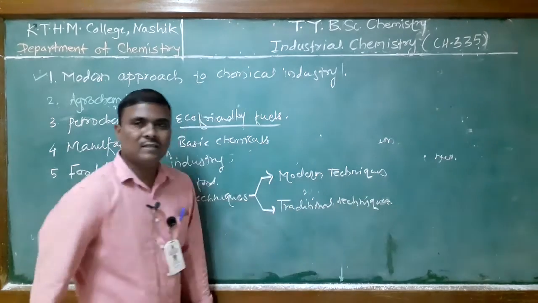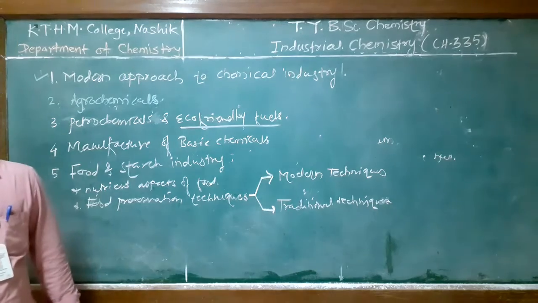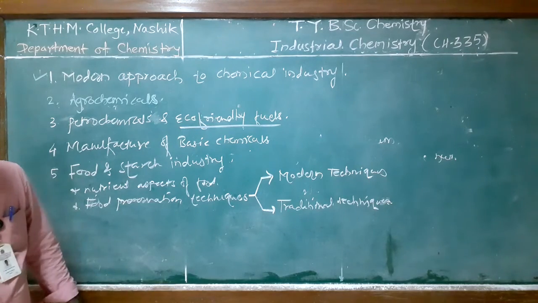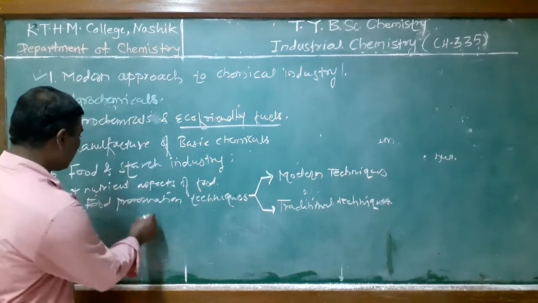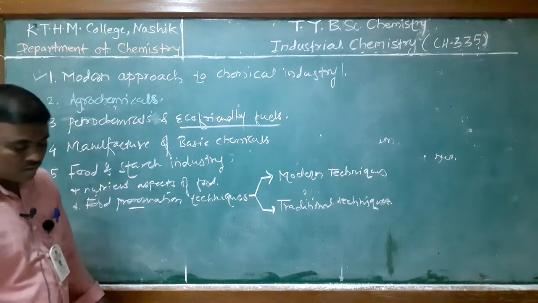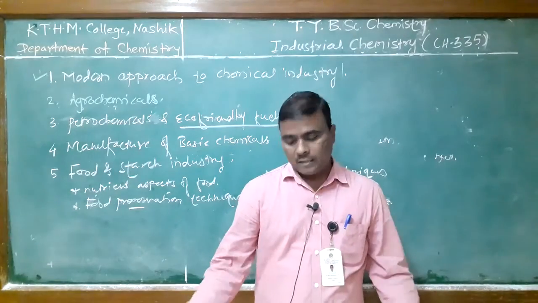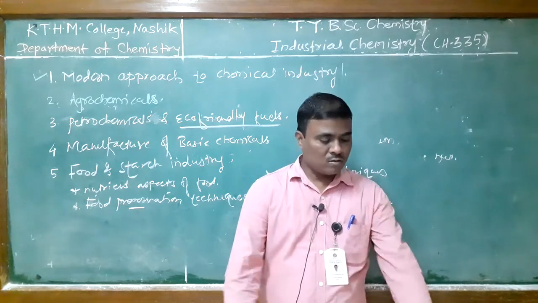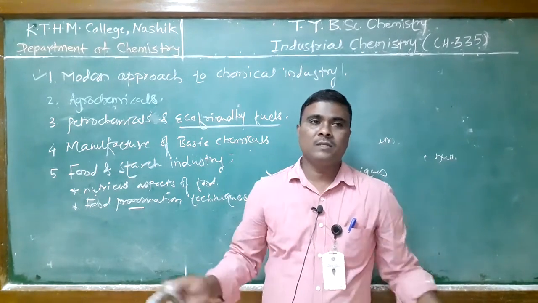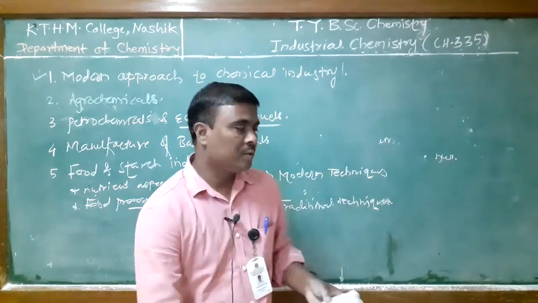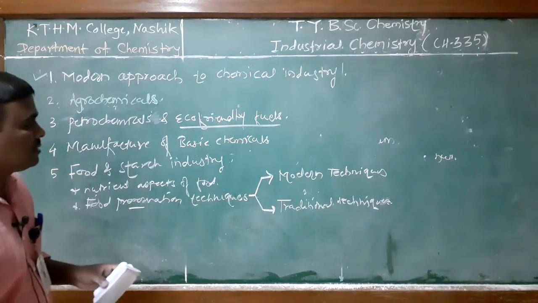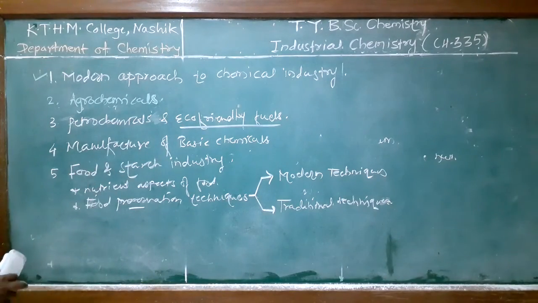Although modern techniques are there, traditional techniques are also there to preserve the foods. The best example is storage of grain, or another best example is the pickle we prepare at home. That is the traditional techniques we use to preserve the foods.